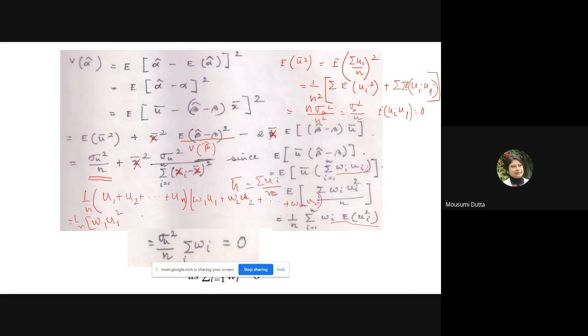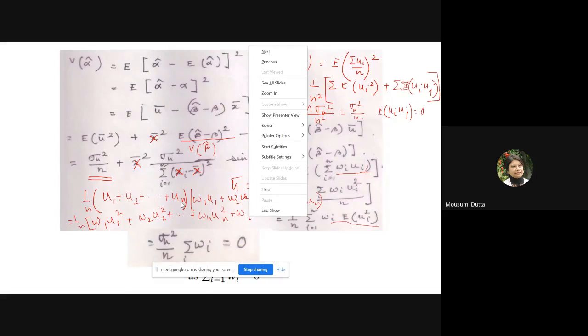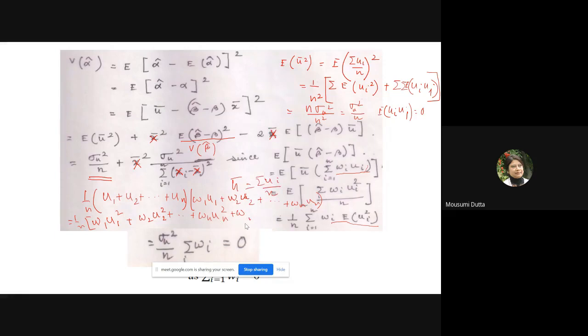You will get all these terms, plus you will get the cross products.